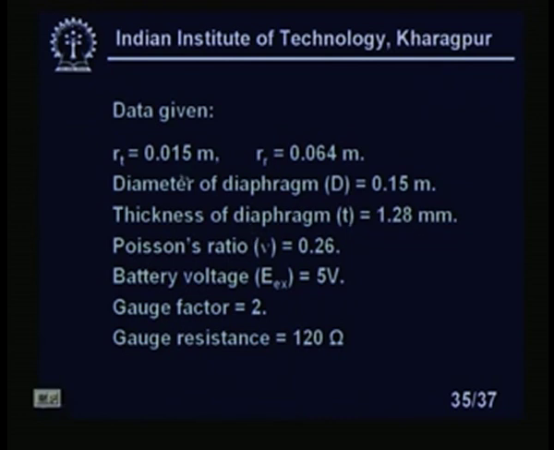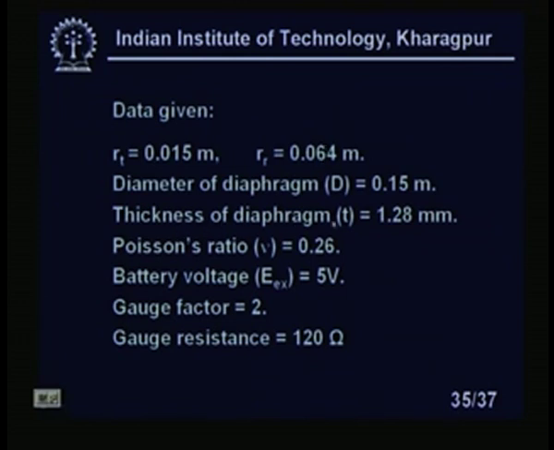In the case of Rosette, you will find this quite valid, because even though it is large in size, the circle on which the tangential and radial gauges are placed is much less than the diameter of the diaphragm. You see it is 0.15, that is 0.075 radius, so it is 0.064, correct.